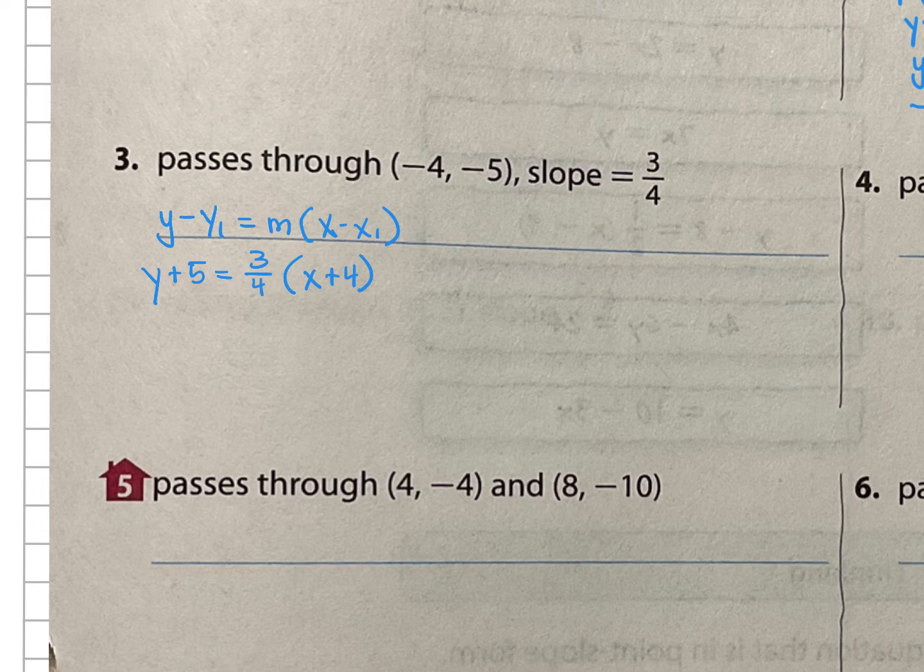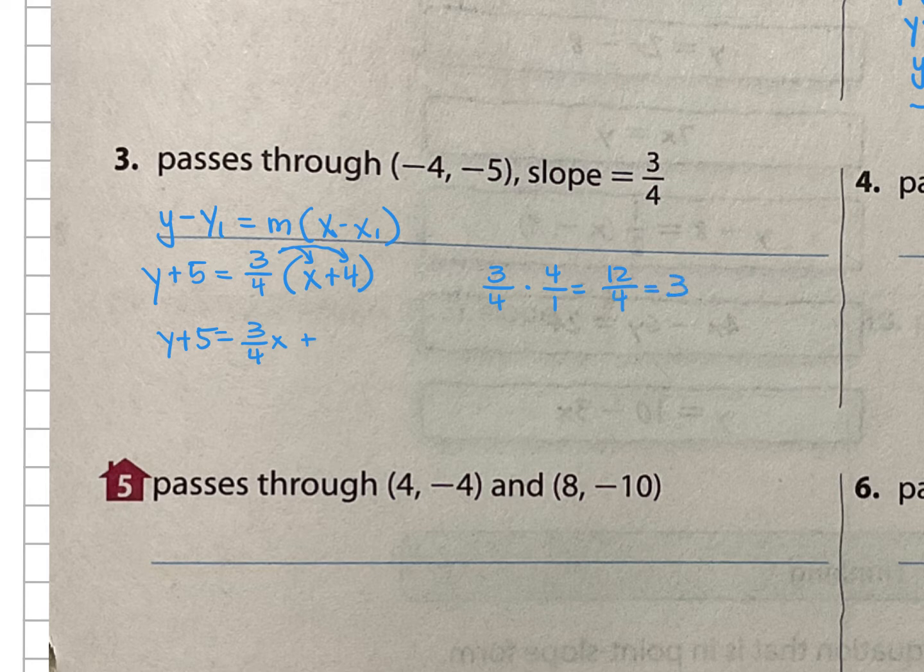Well, we have to multiply 3/4 times x and 3/4 times 4. Okay, so y plus 5 equals 3/4 x plus, let's see, 3/4 times 4 over 1 equals 12 over 4.